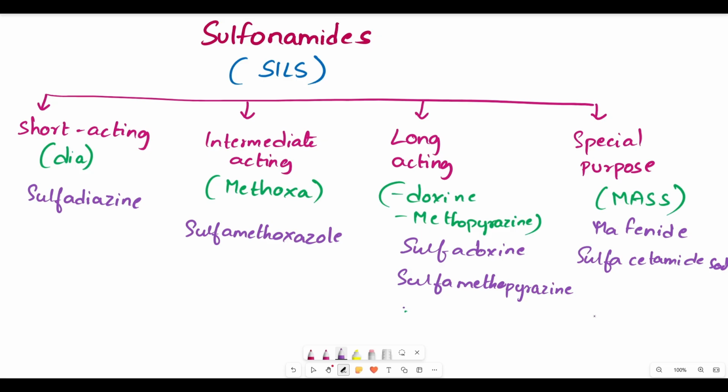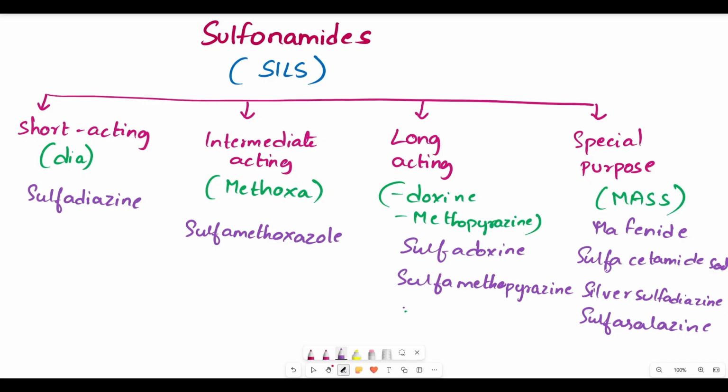S means it is sulfadiazine. So here the example is silver sulfadiazine. One more S, which means salazine, that is sulfasalazine. So these are the four examples that are under the special purpose.